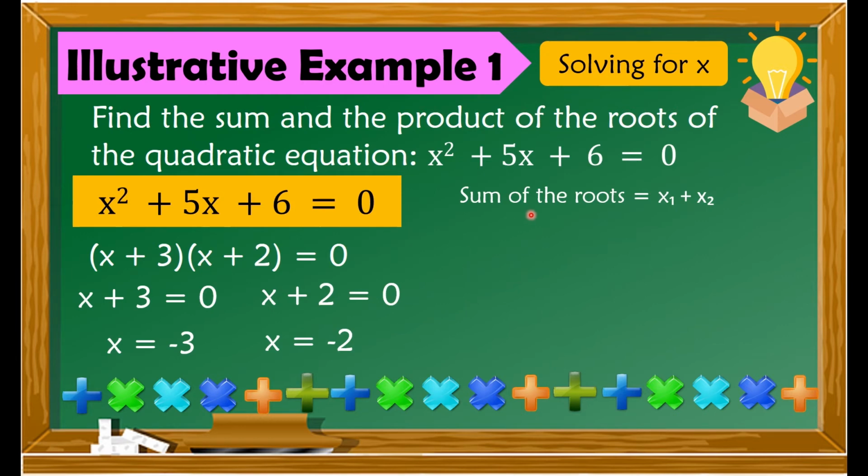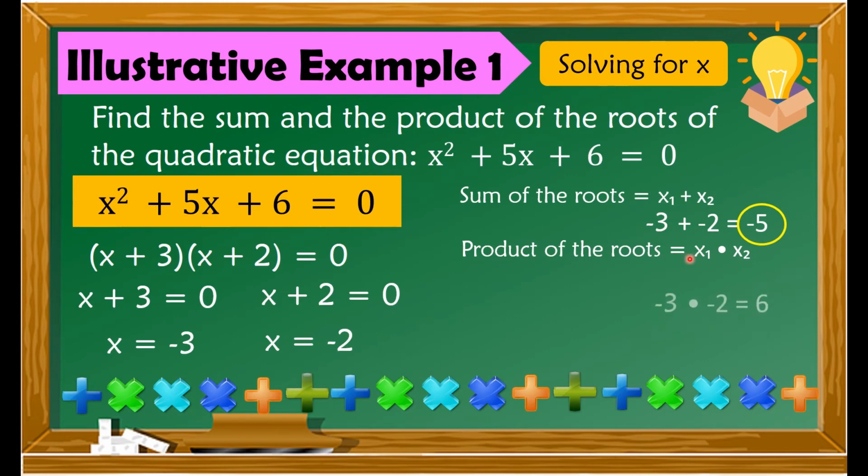So, let's get the sum. To find the sum, you will just add the values of x that we have in here, which is negative 3 and negative 2. And that results into negative 5. So, we have negative 5 as the sum of the roots. And for the product of the roots, we will just multiply negative 3 times negative 2. That is equal to positive 6, which is the product.